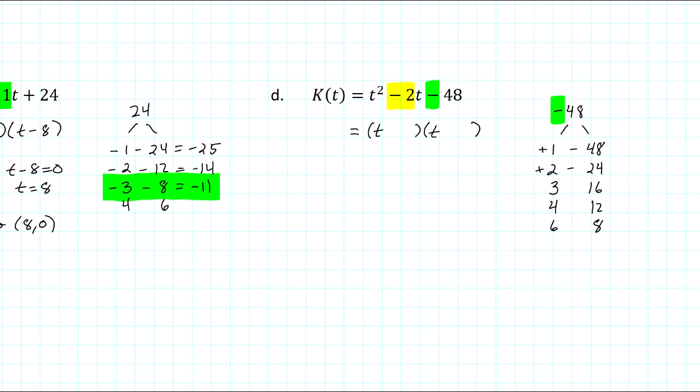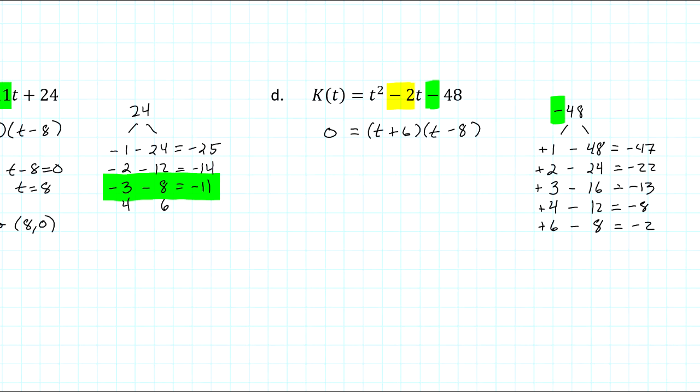A positive 2 and a negative 24, that's going to be negative 22. If I do a positive 3 and a minus 16, we get negative 13. A positive 4 and a negative 12 would give us a negative 8. Finally, the positive 6 and minus 8 would give us the negative 2 that we seek. So we'll put a plus 6 and a minus 8 into the parentheses to get our correct factorization.